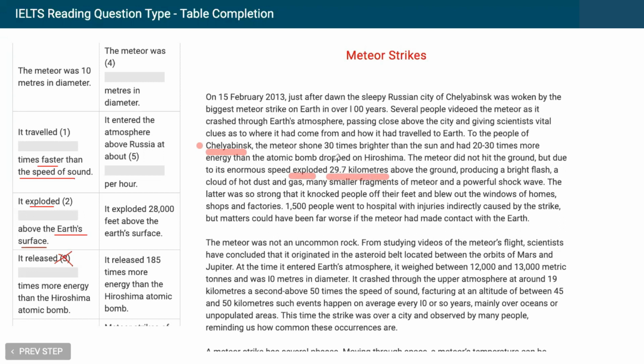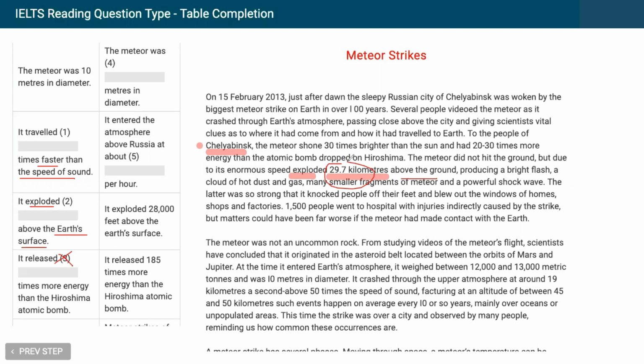So it exploded 29.7 kilometers above the ground. And this says here above the Earth's surface. You see, it's a synonym. The Earth's surface, you could also say ground. And so that is perfect. It exploded 29.7 kilometers.